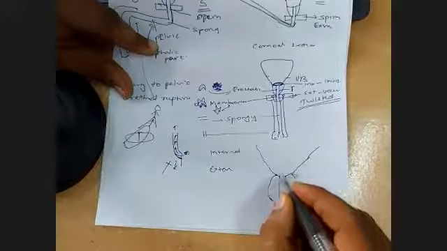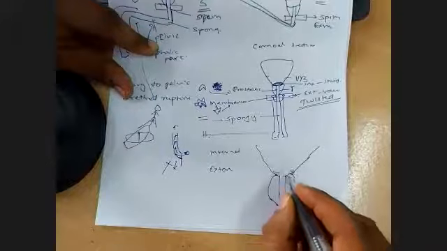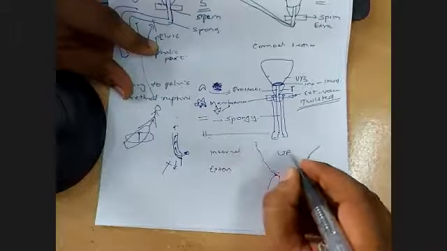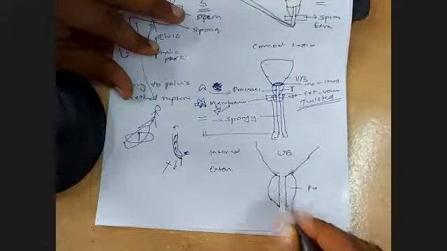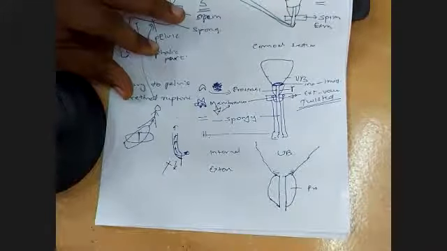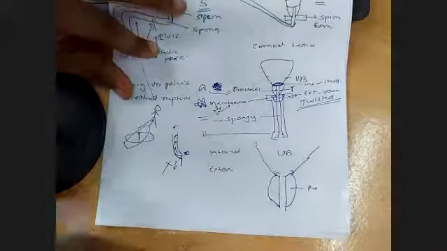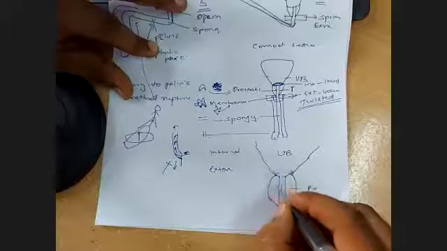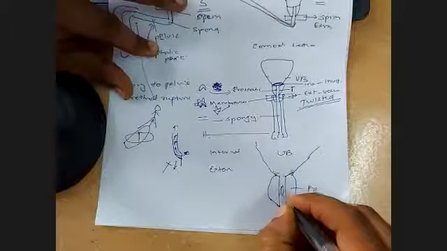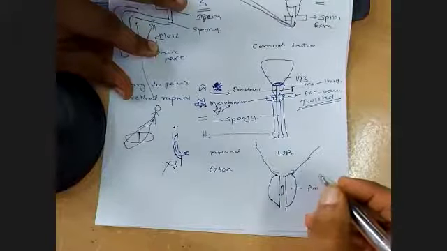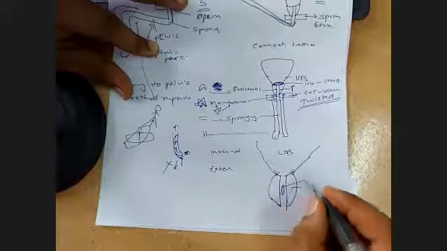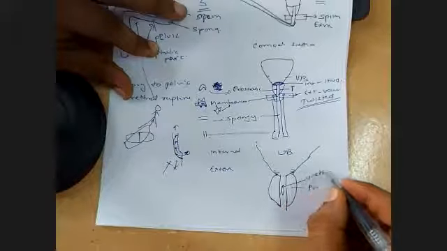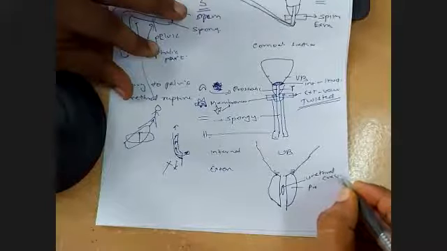Here is the internal sphincter. This part of the urethra is called the prostatic urethra. This prostatic urethra in its posterior wall shows an elevation. This elevation is called the urethral crest.